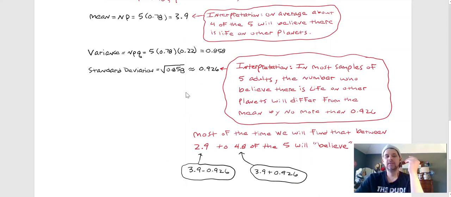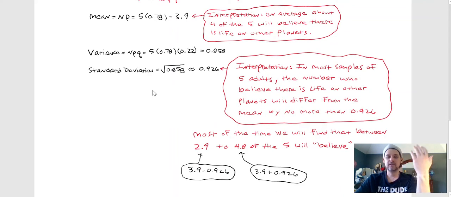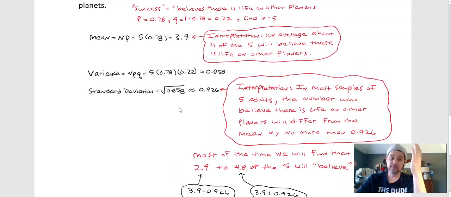Now, I'm trying to think of the best way to tell you this, but I have it written down. The interpretation of the standard deviation. I would like you to think back to before when we introduced the standard deviation and we said things like most of the data is going to be within 1 standard deviation of the mean.